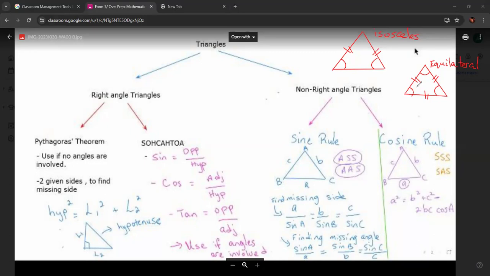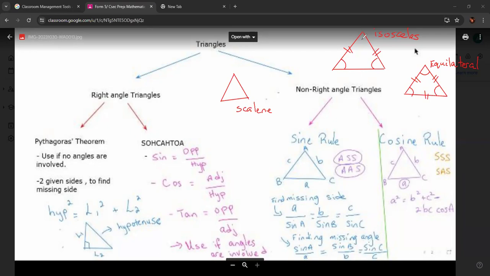If there are no sides equal, right? So once there's no sides equal, all of the sides are different sizes. We call that a scalene triangle.